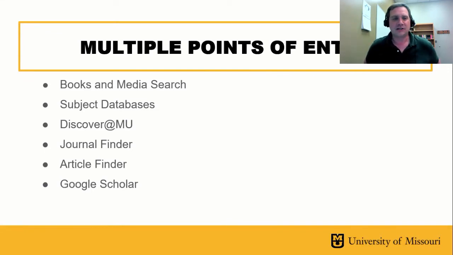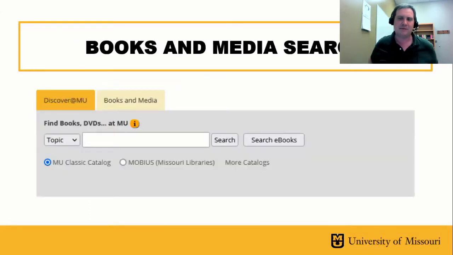So it really is going to depend on what your need is and what types of materials you're looking for. That's really going to dictate which of these you're going to start with. And the more comfortable that you can get with all of them, and the more that you can kind of think through before you start your search, which tool makes the most sense for what it is that you're looking for, the easier it will be for you as you go through and start your research. So let's start with that books and media search.